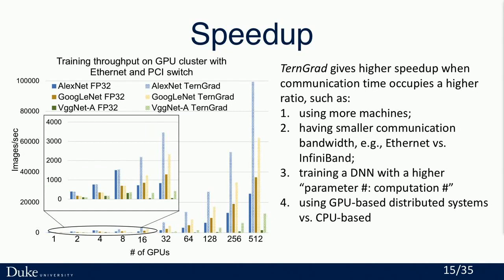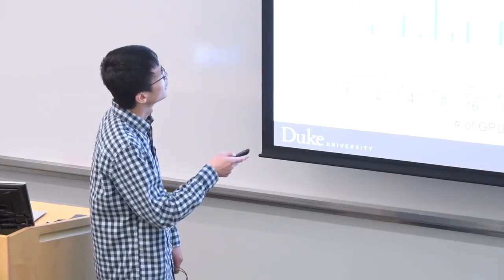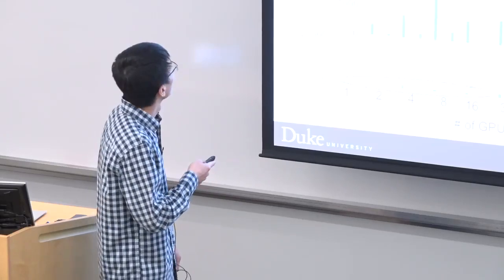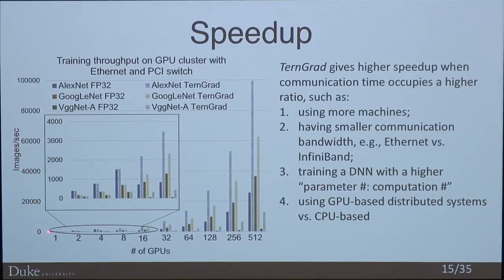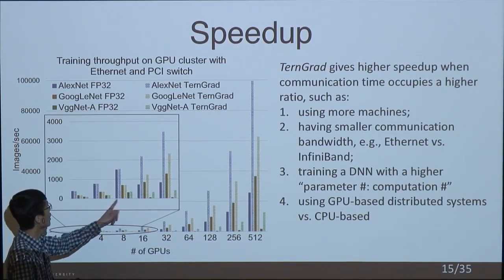So that's all about convergence, and we can reduce the communication. In practice, how can it make training faster? Here is the speed over the number of GPUs in the distributed system. The solid bars are the standard floating point SGD, and the shaded bars are ours.